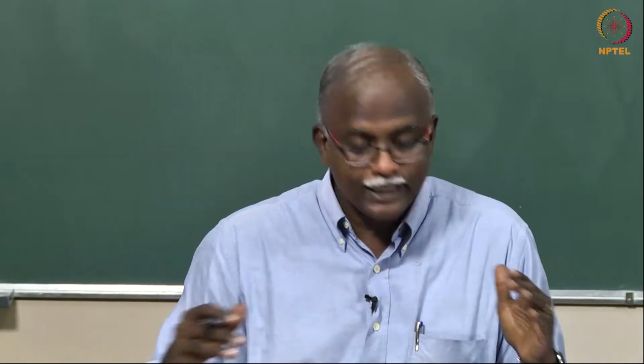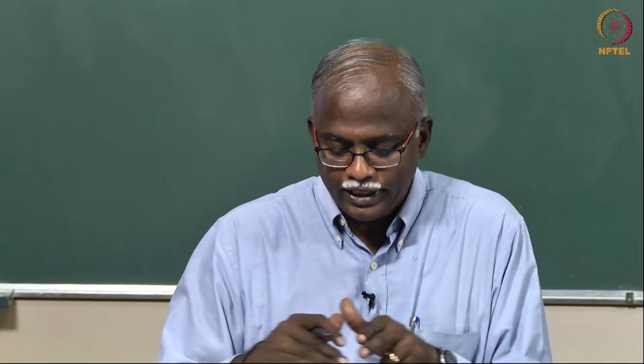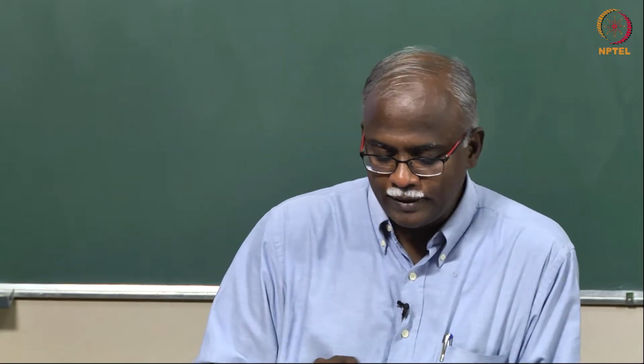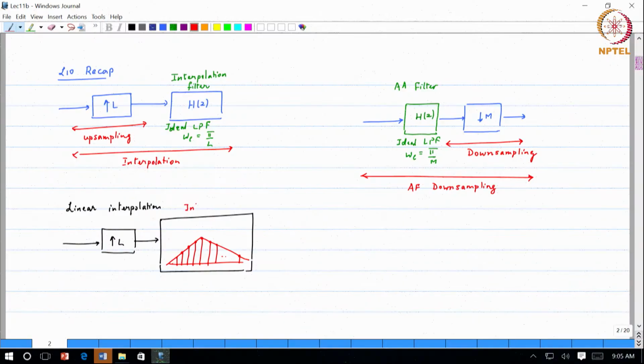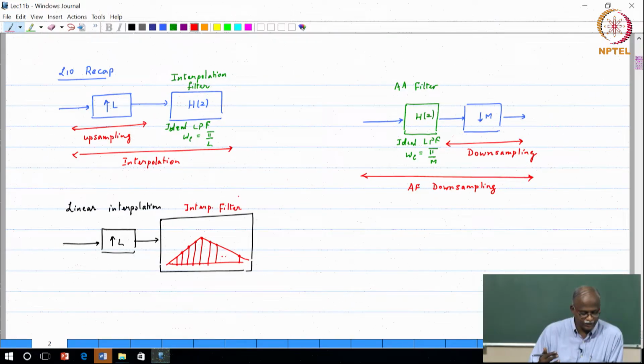This is what gives you the convolution of the upsampled signal with this filter. So, this is my modified interpolation filter, and nothing says that you have to have an ideal low pass filter. You can have different filters, but you have to know the consequences of that. This combination is what we called linear interpolation.